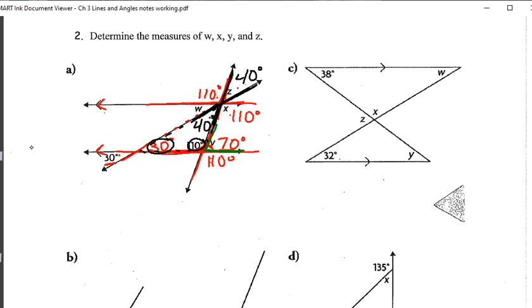Interior alternate, the Z rule. So this is 70, and this whole thing has to be 70 because they're interior alternates. Well, if they both total 70, one of them's 40, W has to be 30. So all these little rules we've talked about, they all come together. That one's got a lot going on.